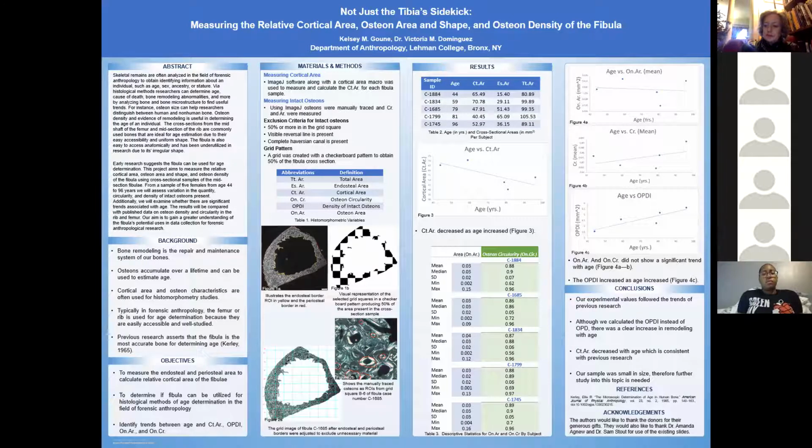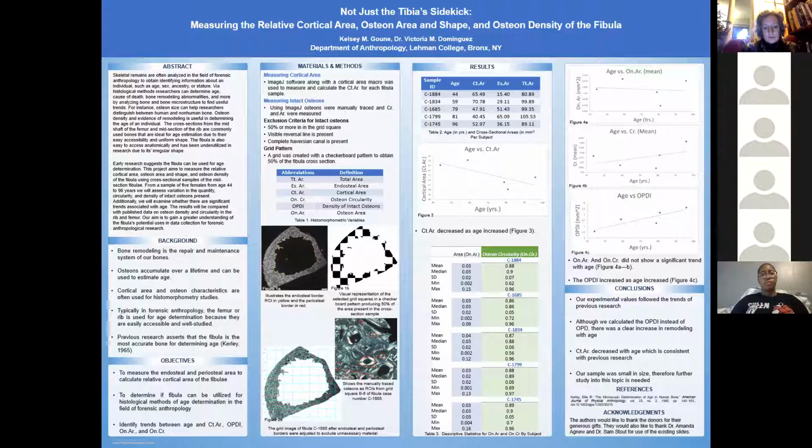And by that, I mean, as a whole, it's not as useful for identifying different characteristics of the body. So because of this, it's a little more disposable, so it might be a nice addition. And we have seen in previous research in 1965 by Dr. Curley that has asserted that the fibula may be the most accurate bone to determine age.